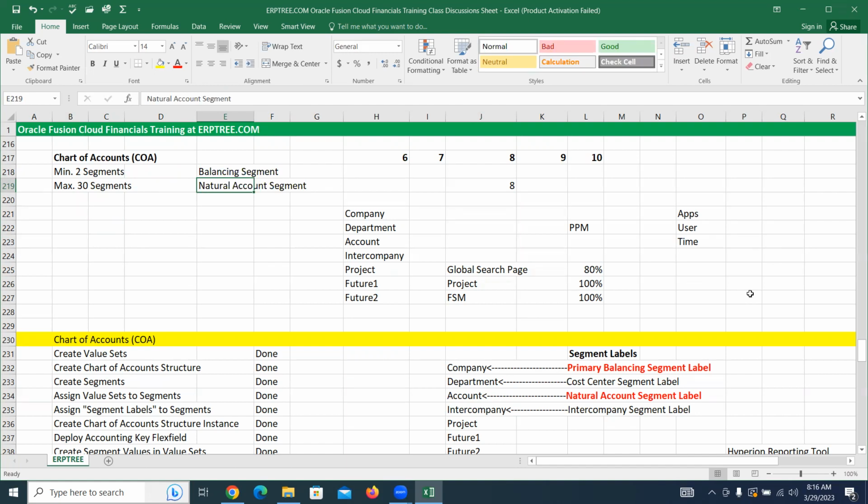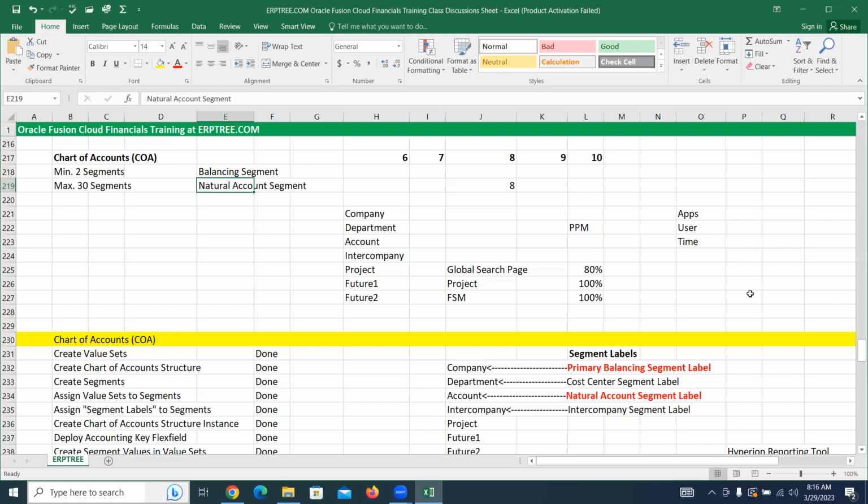Which segment is natural account segment in the chart of accounts? Accounts, not account. Now, 100% your second statement is true, but 99% the first statement is okay, but in the 1% it can be something else.